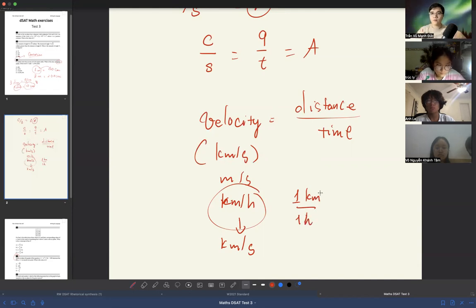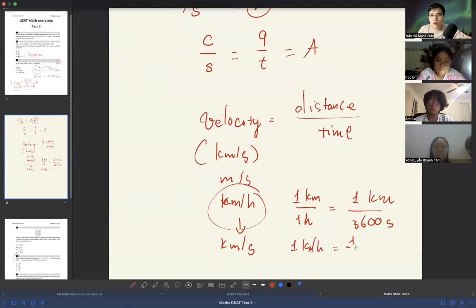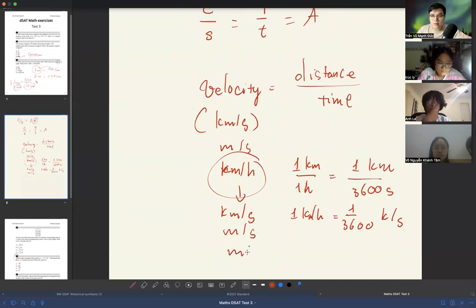You just have to come up with a ratio. 1 kilometer stays the same, right? 1 kilometer is 1 kilometer, but 1 hour equals how many seconds? 3,600. Exactly. So as a result, you get 1 kilometer per hour equals 1 over 3,600 kilometer per second. The same thing goes for meter per second, meter per hour, and everything like that.